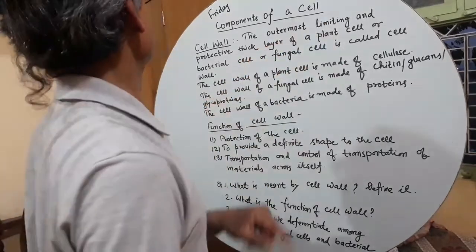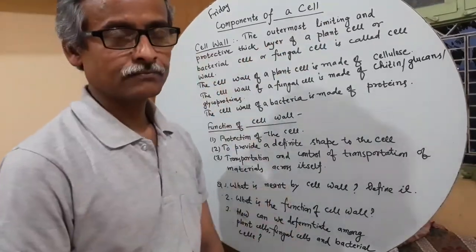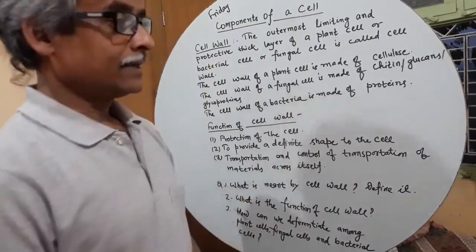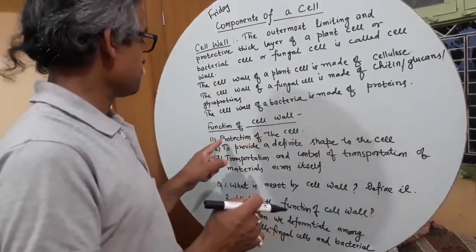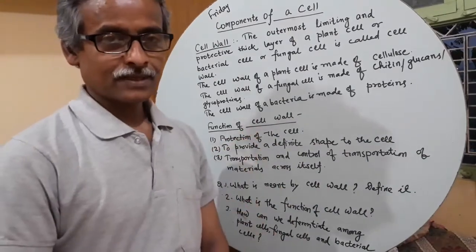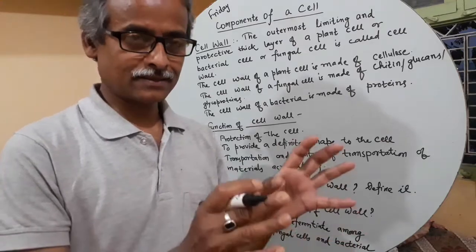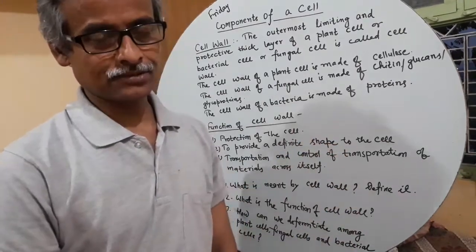It is limiting, protective. Two things are mentioned here. And first thing, that is protection of the cell. As it is the boundary of the cell, it protects the cell, the internal contents of the cell.